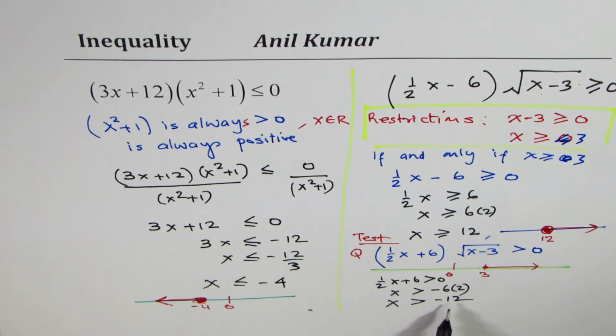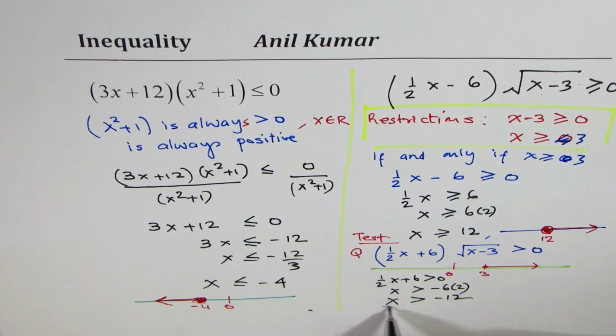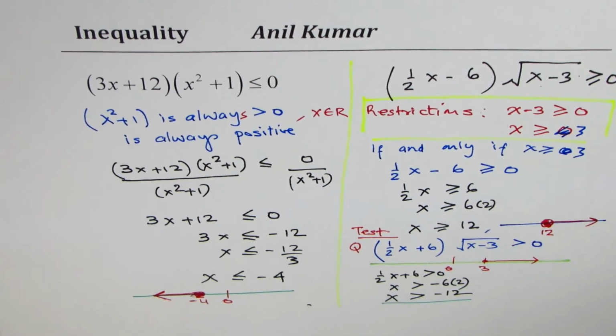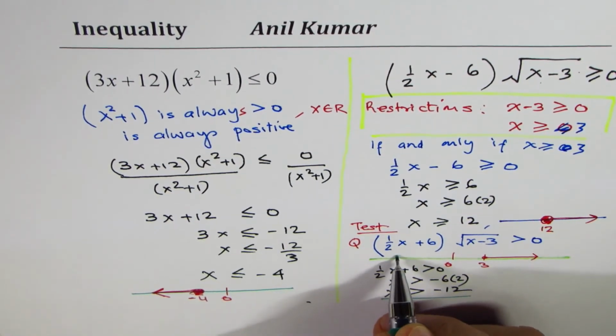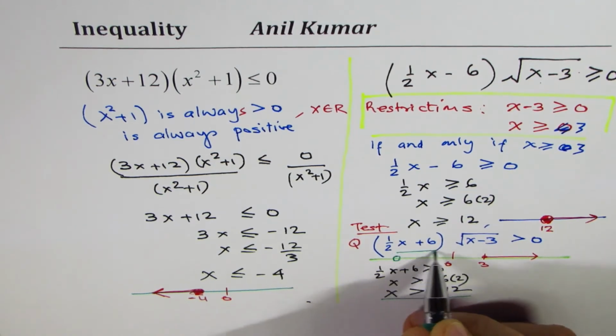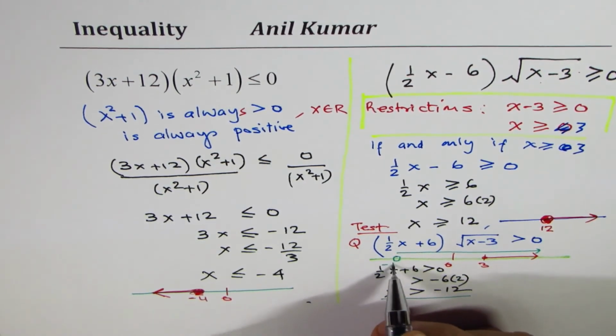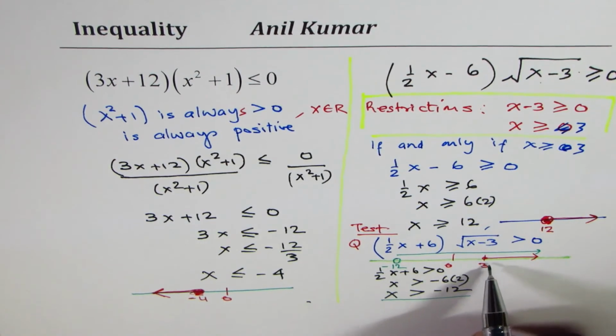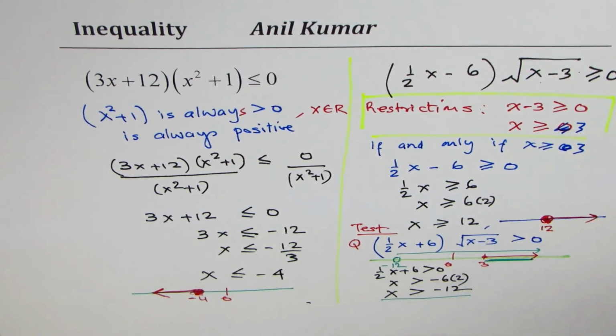Now if x is greater than -12, then what solution should I take? So this statement says x should be greater than -12. Let's say -12 is here, right? We have to take the overlapping solution. Do you understand?